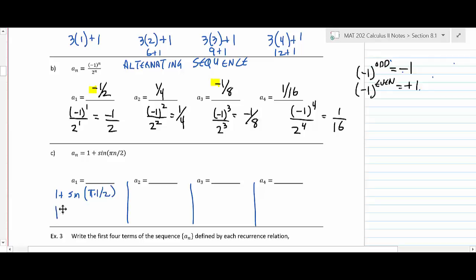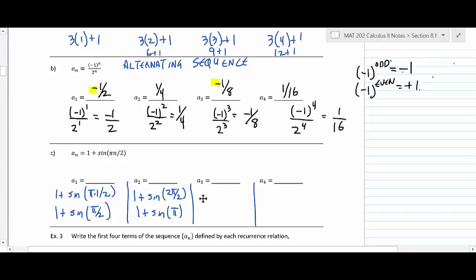So that's really 1 plus sine of pi over 2, which we can do on the unit circle in a minute. I'll keep filling these out. The next one is 1 plus sine of pi times 2, or 2 pi over 2. The 2's cross out, leaving 1 plus sine of pi, which we can also get from the unit circle. Then we go to the next one, 3.